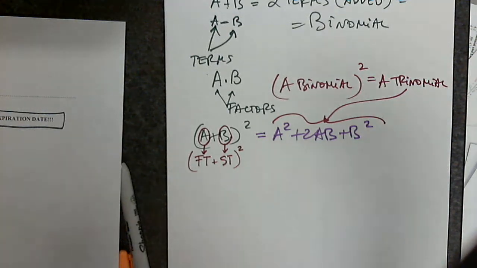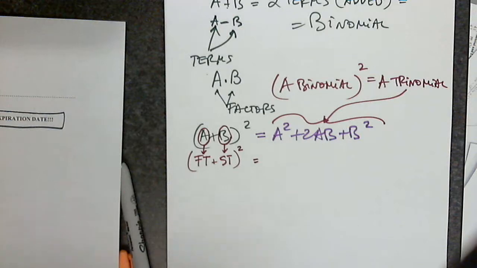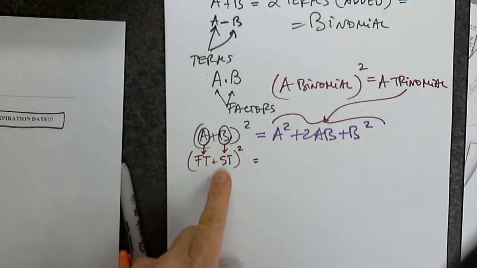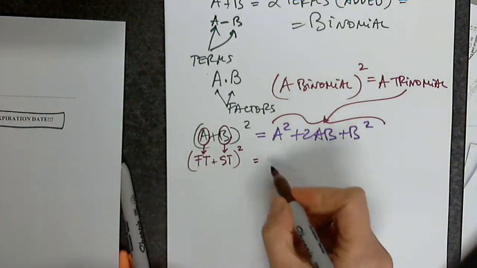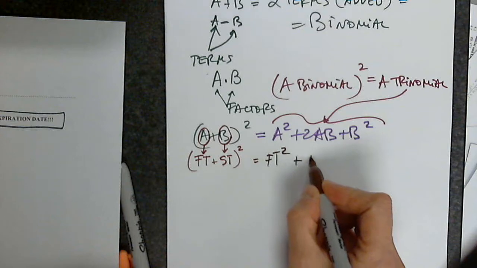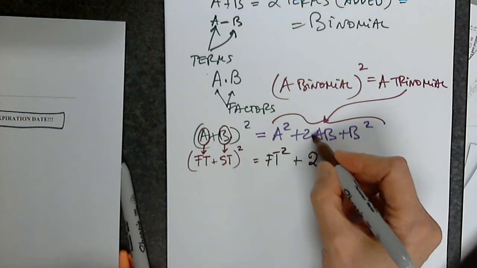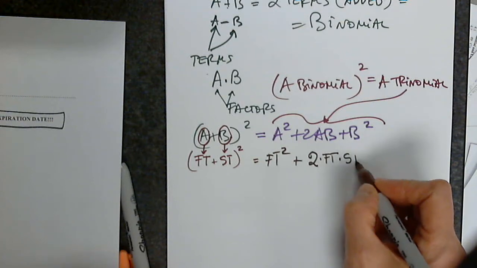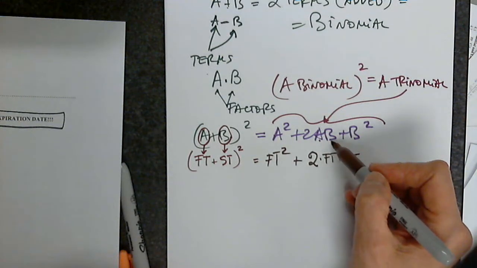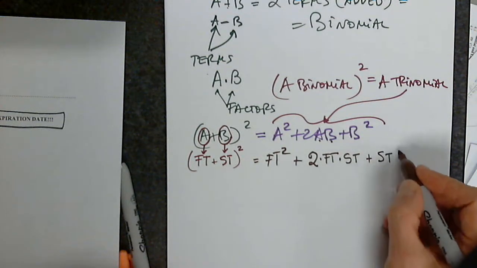Good. So the pattern is this, and I would like you to make the effort to memorize this little tune. Okay? First term plus second term squared equals first term squared plus 2 multiplied by the first term multiplied by the second term, plus the second term squared.